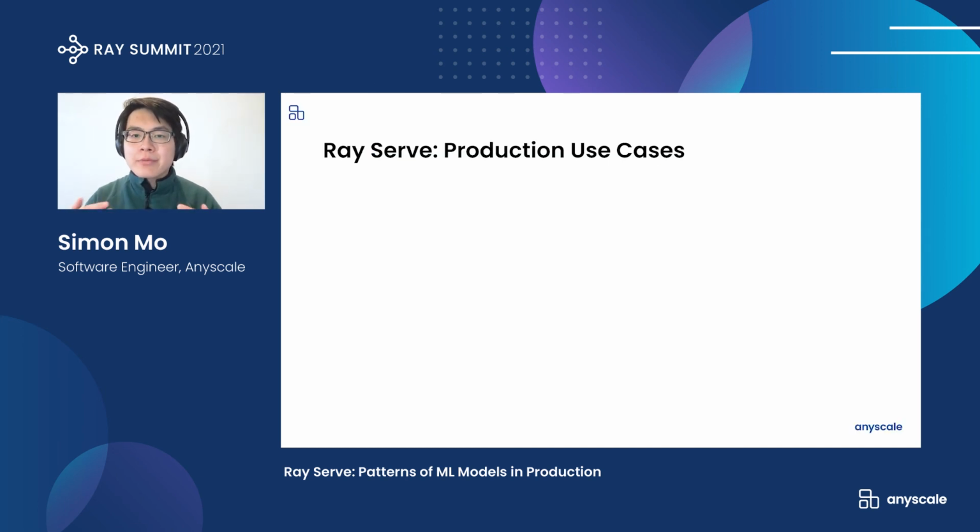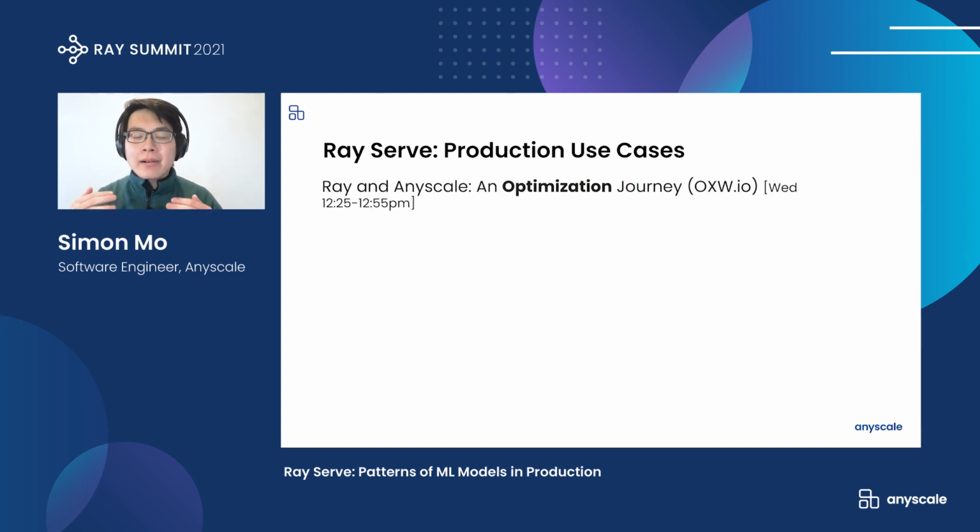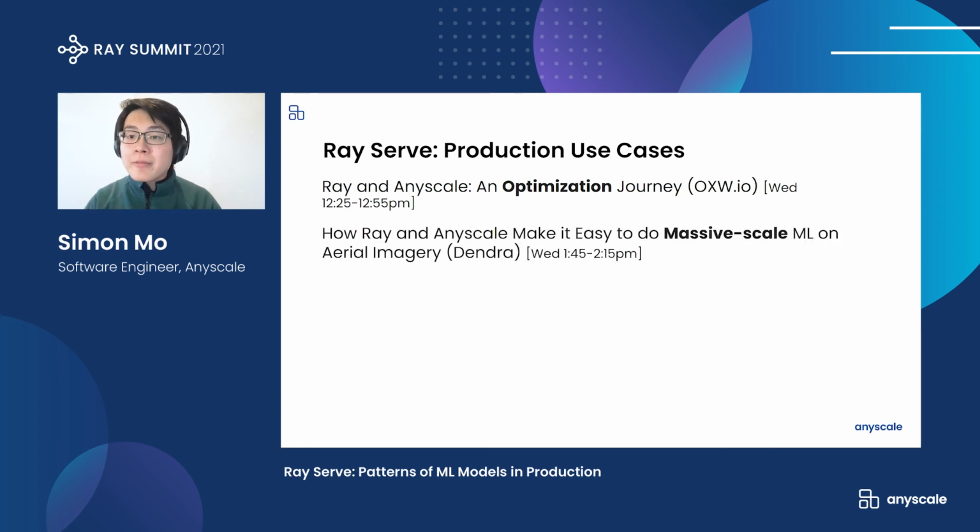And as for its real production use cases, instead of me telling you how Serve is used in production, we have all the exciting talks in the same Summit. First, we have the talk about scaling out Serve on Anyscale in the same session. We have talks about how Serve helps to perform offline scoring with the same piece of code.